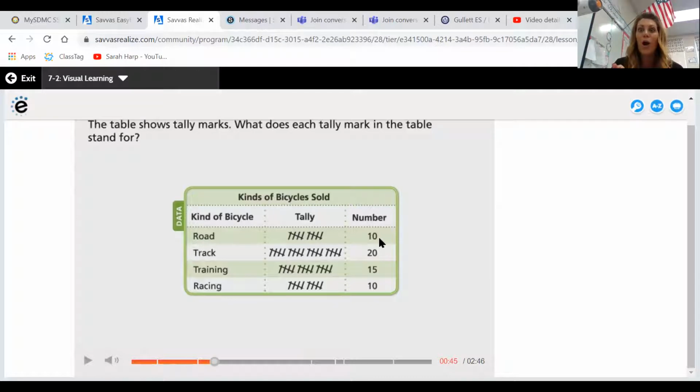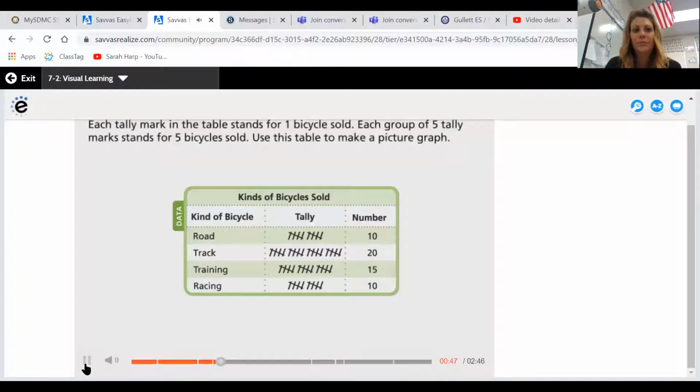But then for our 5, we say 5. Count with me. Try it again. 1, 2, 3, 4, 5. But each tally mark stands for 1. Each tally mark in the table stands for 1 bicycle sold. Each group of 5 tally marks stands for 5 bicycles sold.